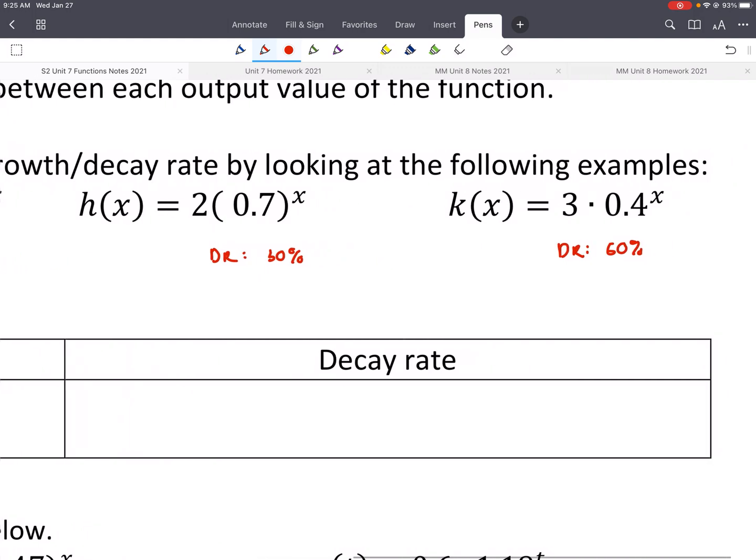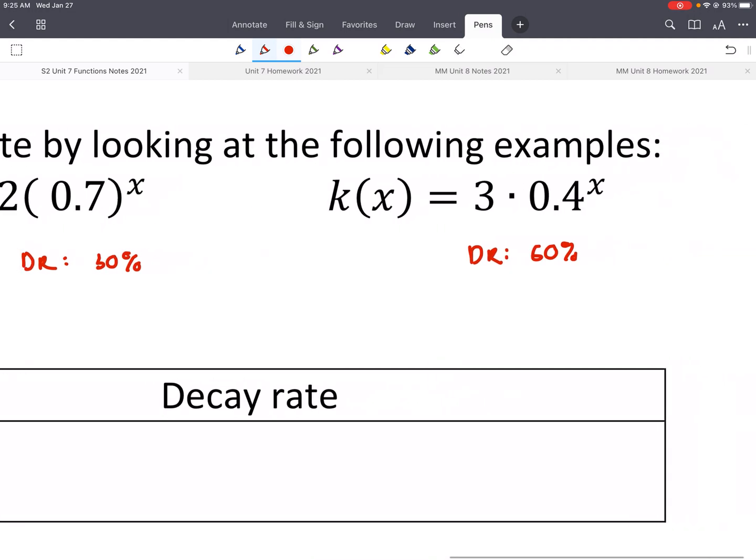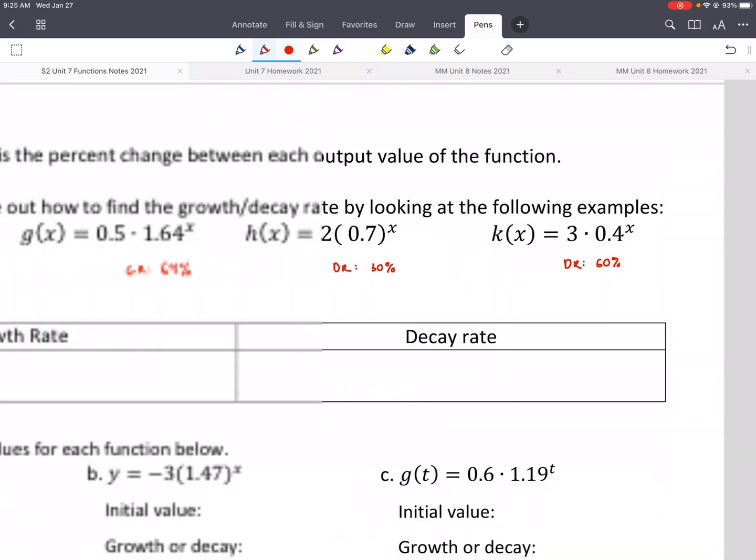This one's maybe a little different, but what you may notice is that the difference between 0.7 and 1 is 0.3 or 30%. The difference between 0.4 and 1 gives you 0.6, and that's 60%.